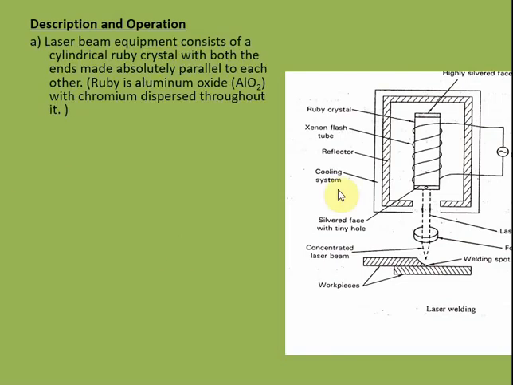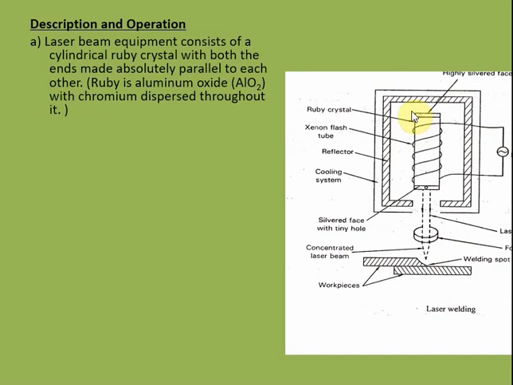Now we will see how it is constructed. See the figure. In the figure, at the central part, you can see a cylindrical shaped item. It's made up of ruby. Ruby is aluminum oxide. This cylindrical ruby's two ends, the top end and bottom end, are made perfectly flat.